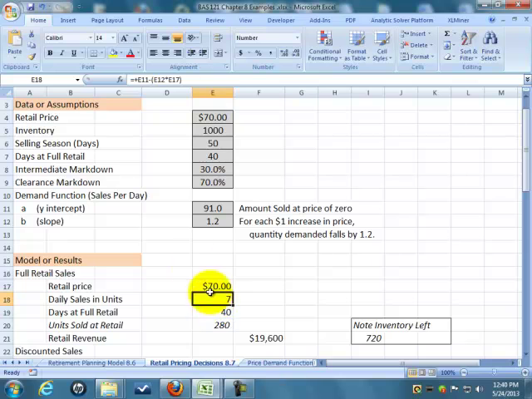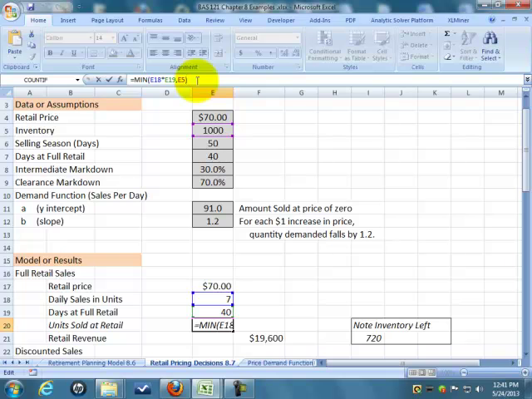So remember, our demand function is sales per day. So we have 7 sold per day times the number of days at full price, 40. So the number of units we sold is the minimum between, well, here I put it in, the minimum between sales in units times the number of days or the number of inventory we have.